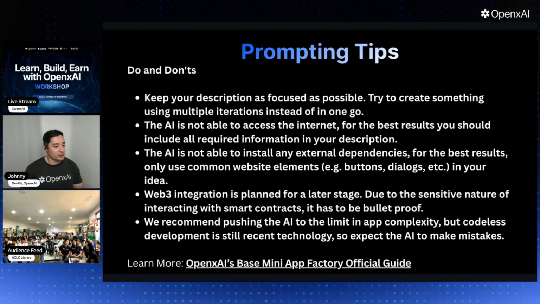That's just not going to work. So just try and build internal games or internal apps that don't access the internet. It also, like I said, just use common website elements like maybe there is a little photo generation or button or text, and try and build basic apps like that.